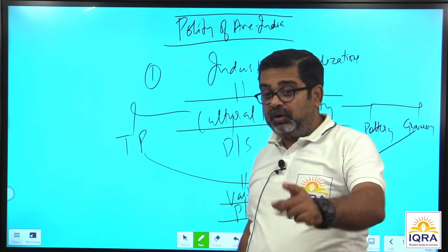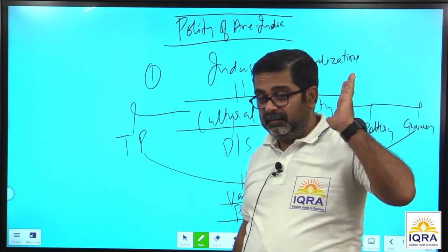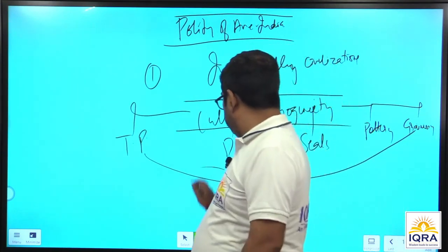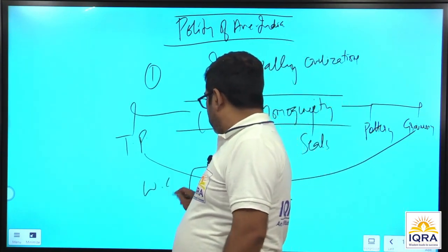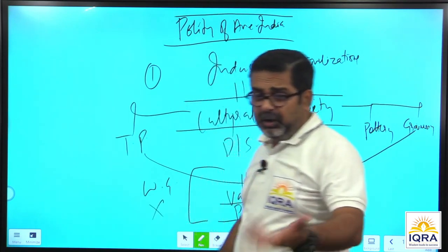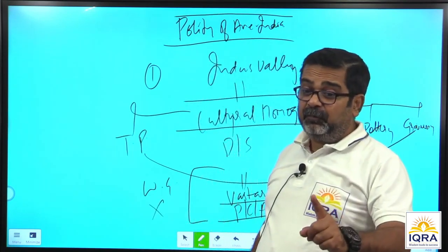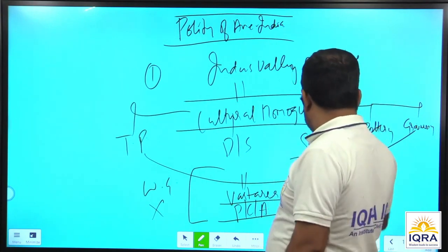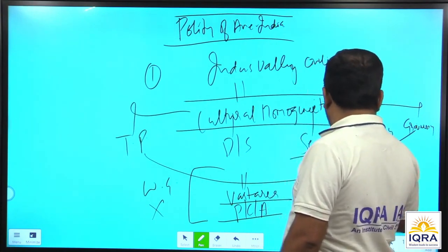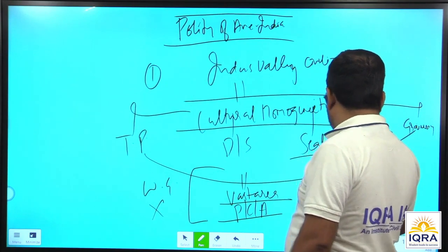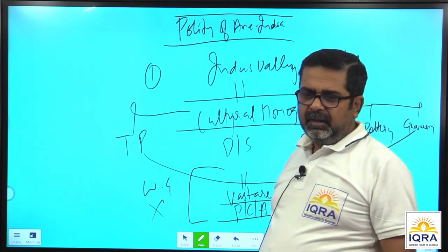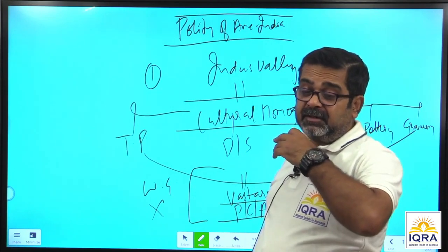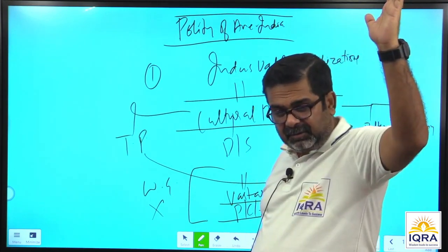Warrior group was not dominant, because we have not found a large number of arms and weapons. Priestly group was not dominant because we have not found many religious structures.